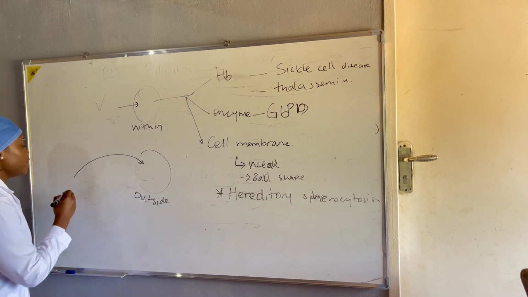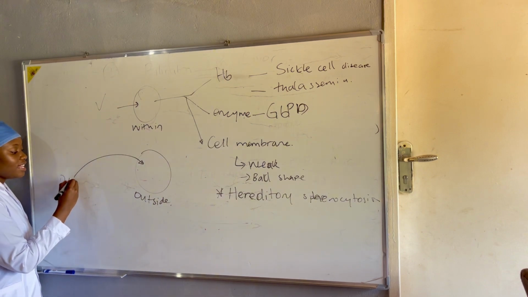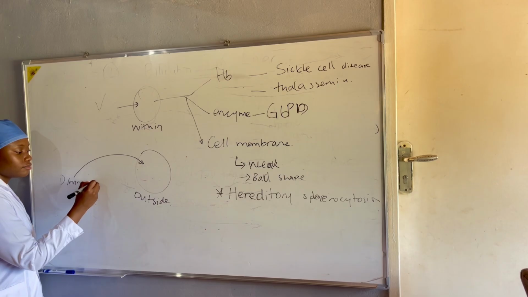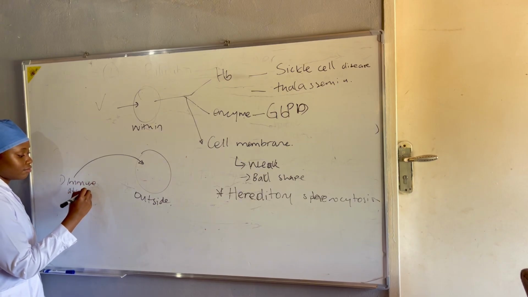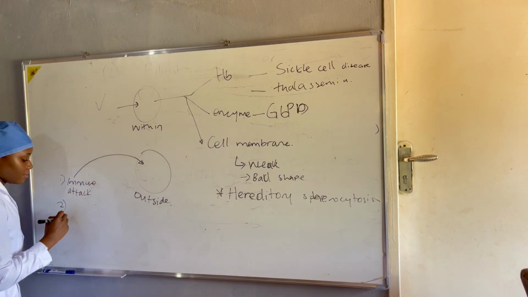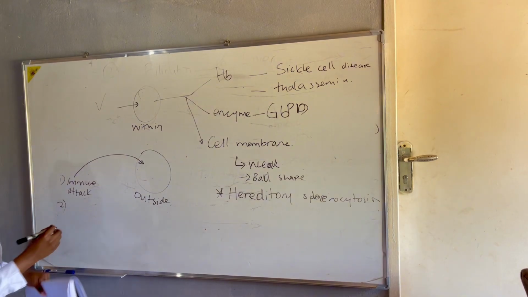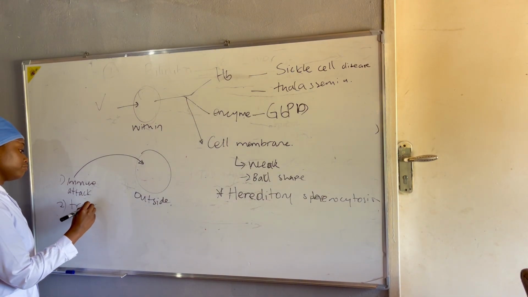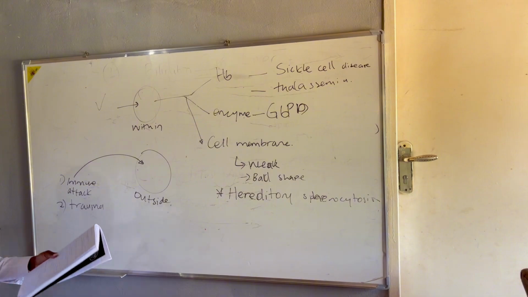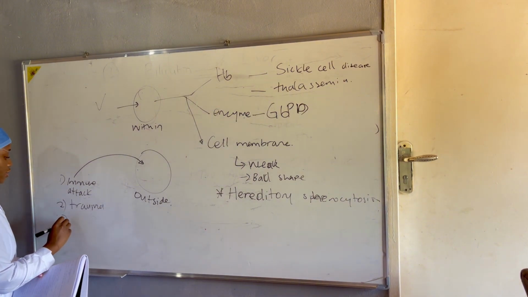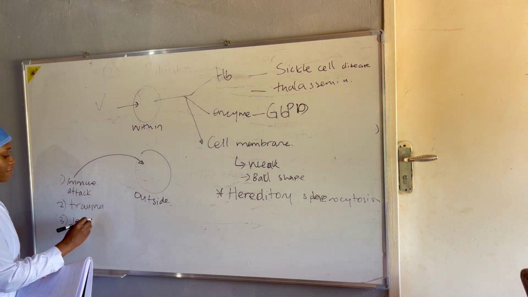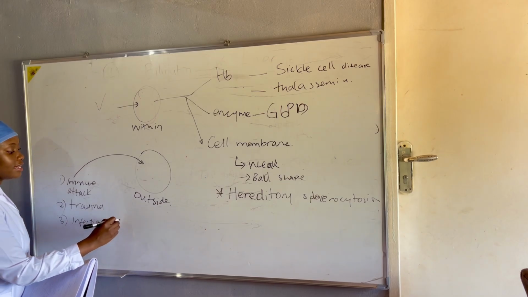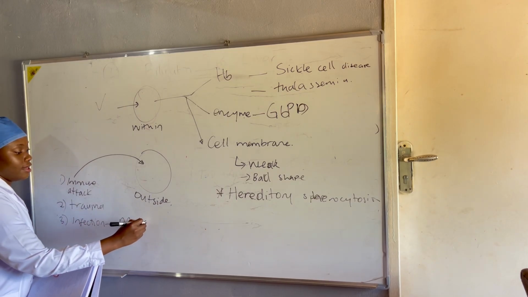Those factors could be, number one, an immune attack. Number two, it could be trauma. Number three could be an infection. An infection that I'd most likely say it is malaria.